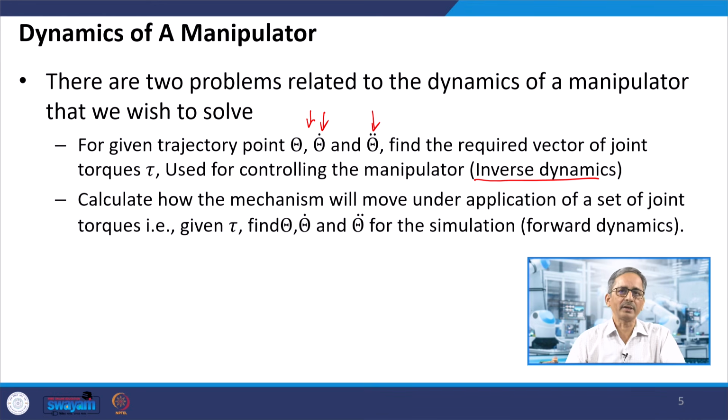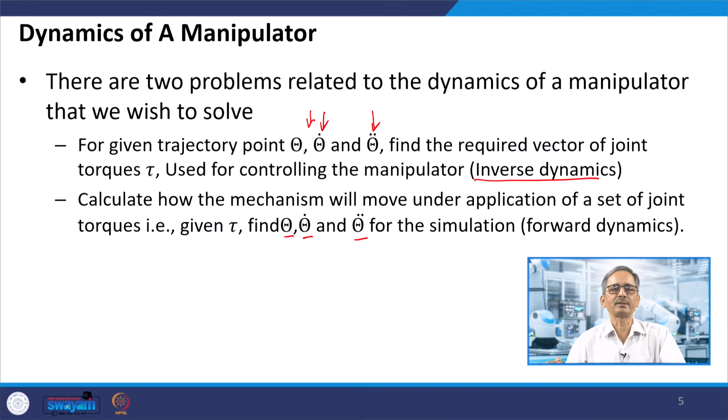Now, the reverse of this is another problem, where we know the joint torque and our aim is to find out these three vectors, that is theta, theta dot and theta double dot.